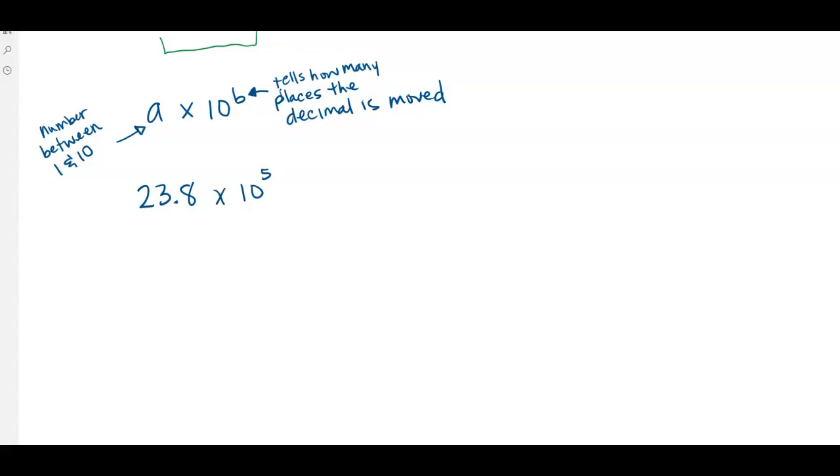This decimal point has to be between our 2 and our 3, because the number that we have here for a has to be a number between 1 and 10. So it couldn't be 23 point something, it'd have to be 2.38. And then that's going to change this also. We'll talk a little bit about that when we're doing these, but just know that this a has to be a number between 1 and 10.